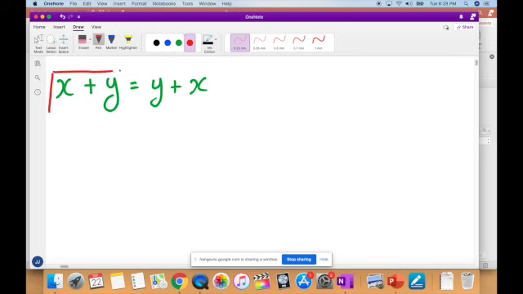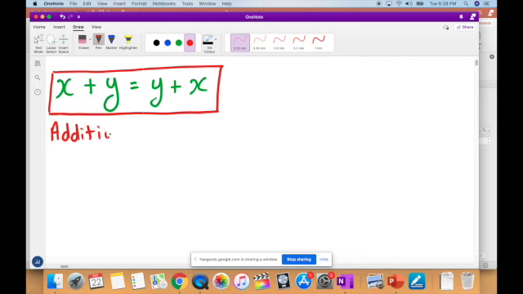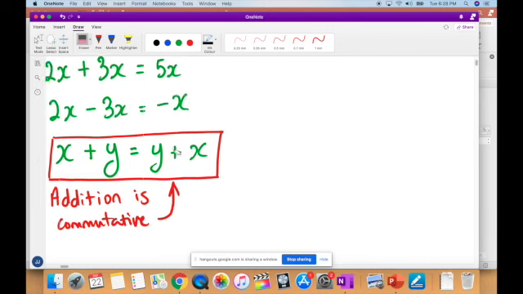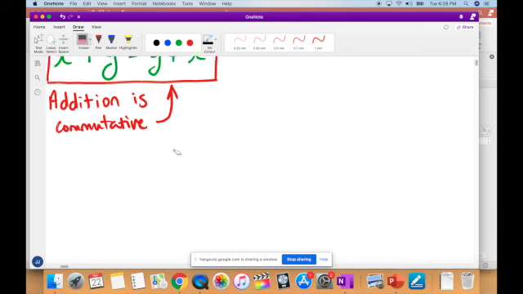Because everything is commutative. So now we have used algebra to come up with a generalization for this rule, that addition is commutative. Okay?